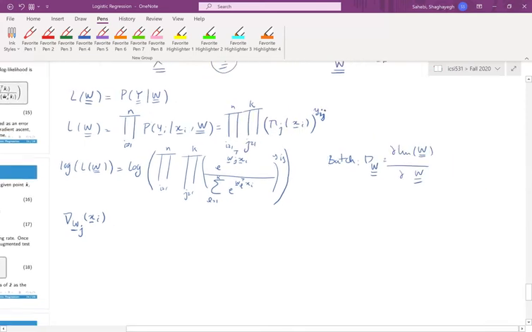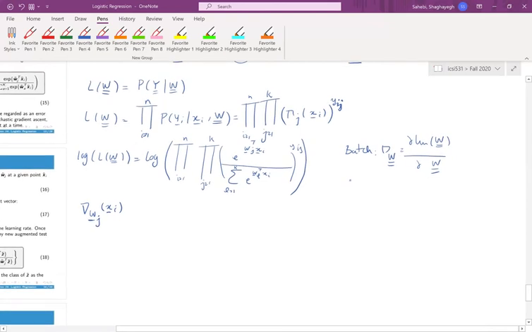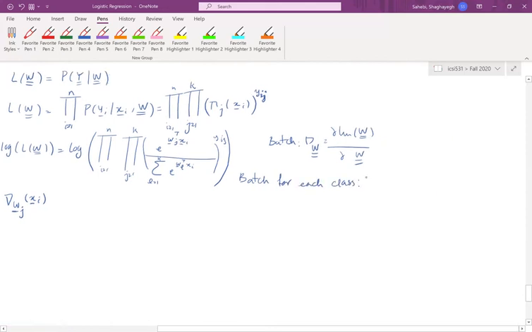And if we wanted to do batch for each class, we could do the derivative of ln of w with respect to wj only, right? But let's do stochastic.